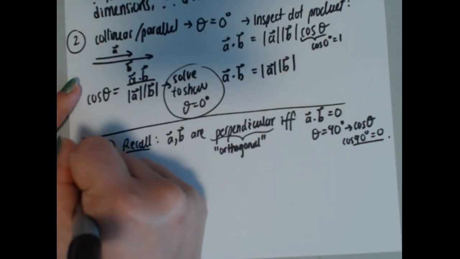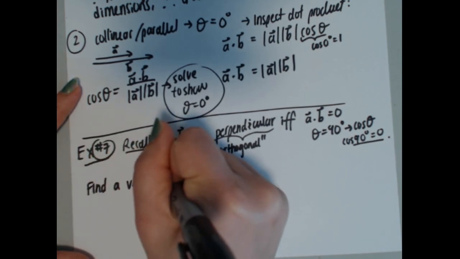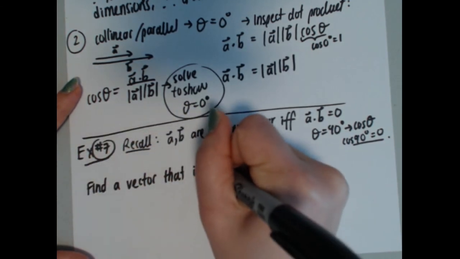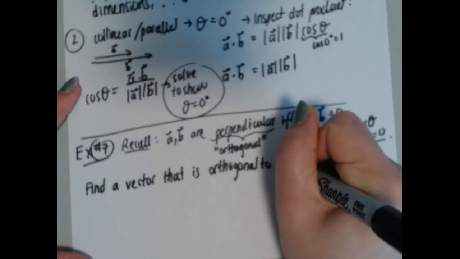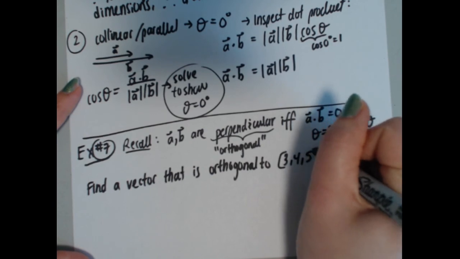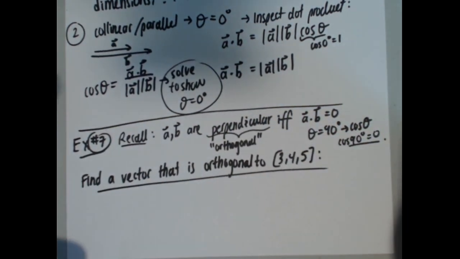Let's do the example. Find a vector that is orthogonal to (3, 4, 5). Okay. Notice the wording of the question. It says find a vector, not find the vector. That means there's more than one answer here.